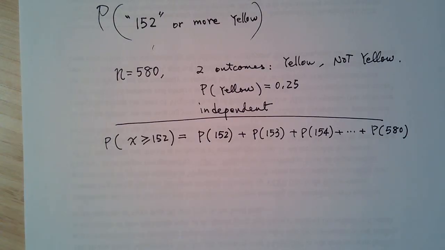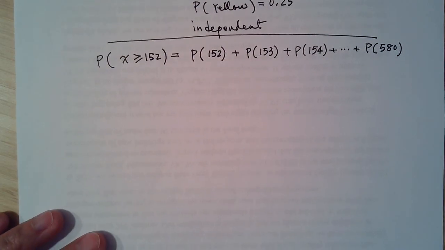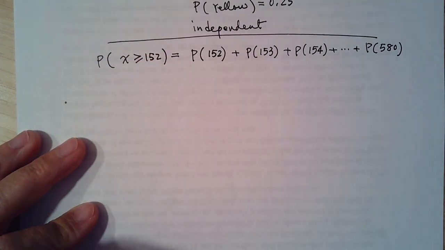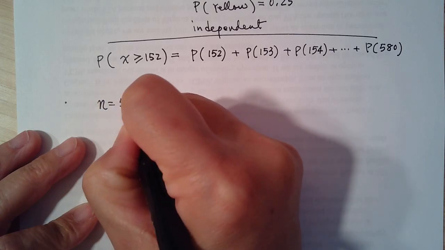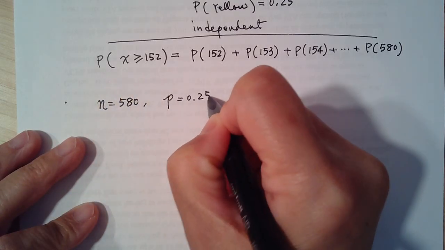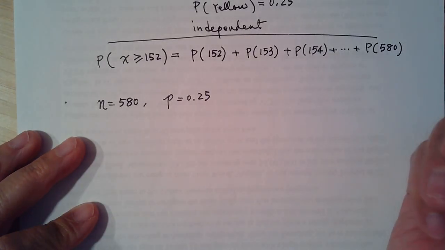And we can also use the normal probability distribution as the approximation of it. How should we do that? First of all, we decide to do that. Then we write down n is 580, and the probability is 0.25. That's the probability of being yellow. And then we can find a mean and a standard deviation.